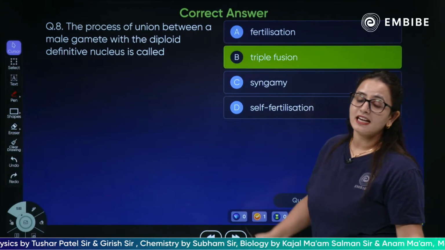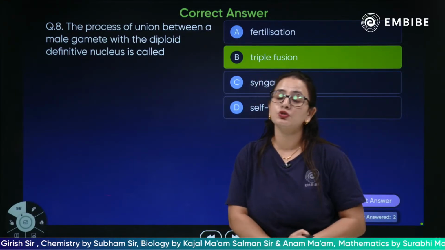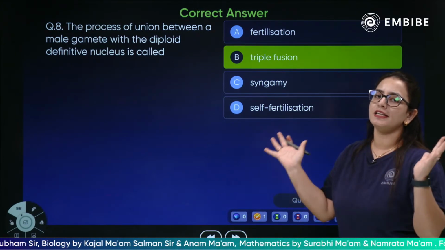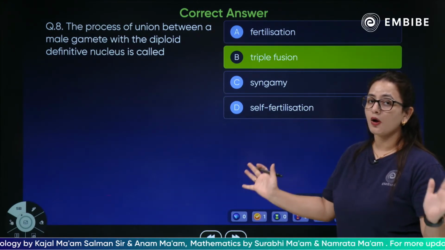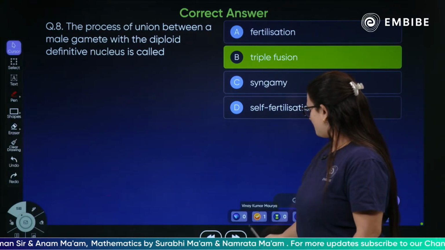Triple fusion. That is what you call triple fusion, when another male gamete fuses with the central cell or the polar nuclei, or you can also call it the diploid definitive nucleus. It is absolutely very simple.